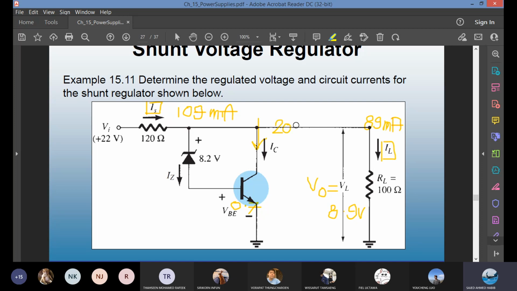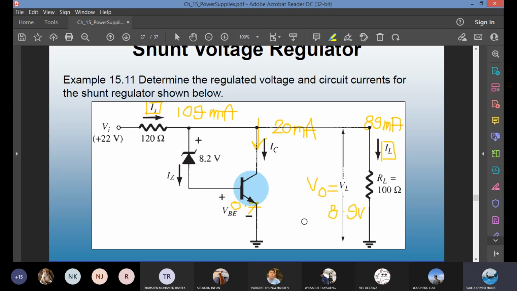IZ and IB, the IZ is the same as IB. They are so small that they are negligible. If you divide, for example, what should we divide by? Should we divide by a beta of 100? If you take 20 milliamp divided by 100, you will get 0.2 milliampere. That is going to IZ. I just randomly picked a beta value of 100.